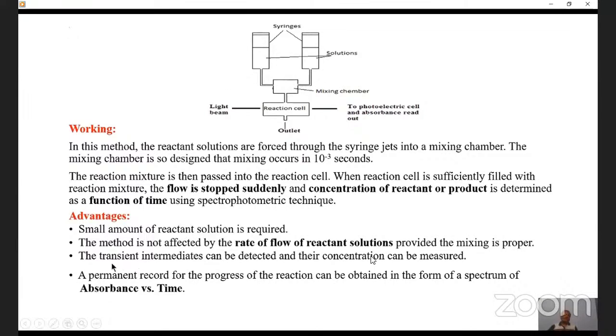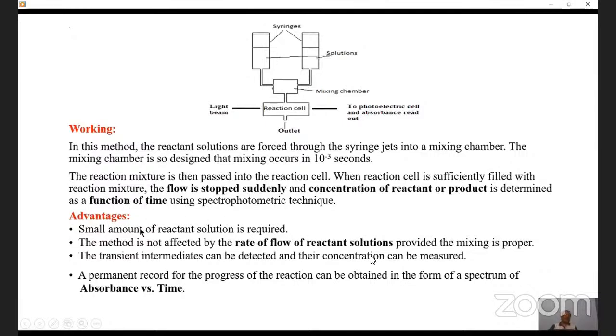The next advantage is that transient intermediates, that is, short-lived intermediates, can be detected and their concentration can be measured using this technique.